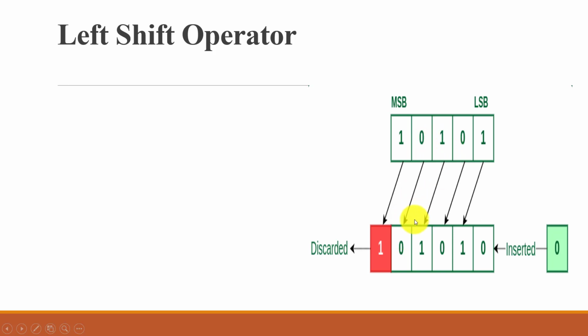This 0 is placed here, this 1 is placed here, then 0, then 1, and one bit is discarded. At the last position we have to insert a 0.